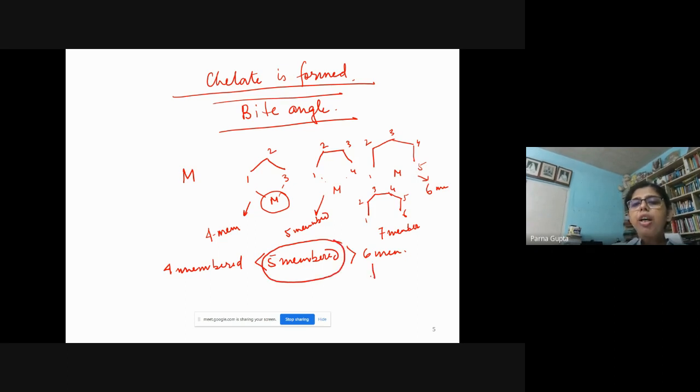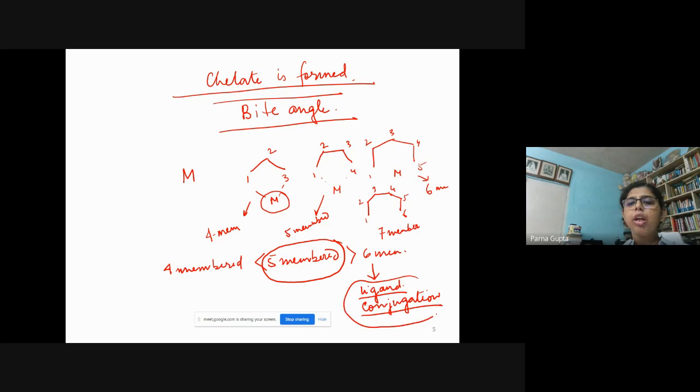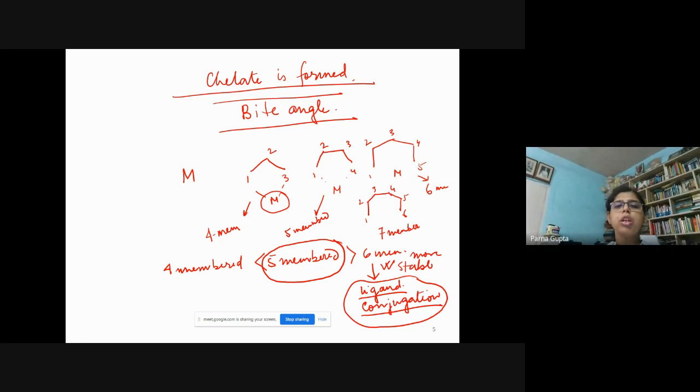But if the 6-membered chelate has a ligand with conjugation, then as you know from the principle of resonance, the 6-membered chelate is more stable than the 5-membered one. Otherwise, if there is no conjugation, like ethylenediamine, the 5-membered ring is the most stable ring.